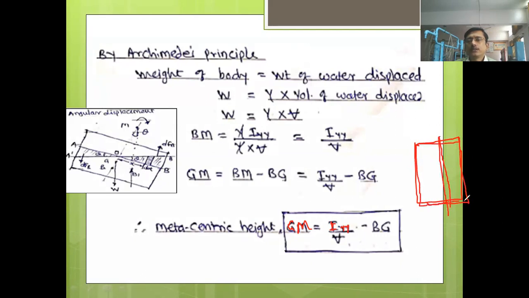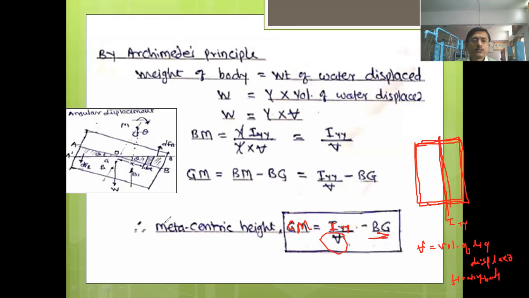The moment of inertia of this area about the centroidal axis is nothing but Iyy. Then this V is the volume of water or liquid displaced by the floating body. Okay, so that is nothing but this is Y.